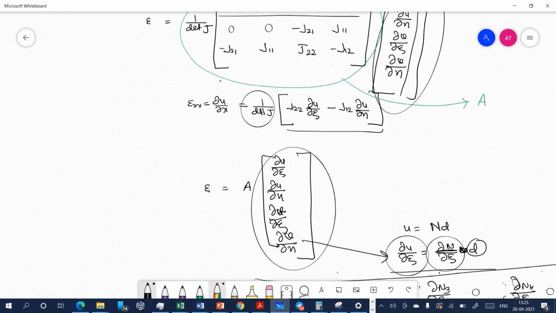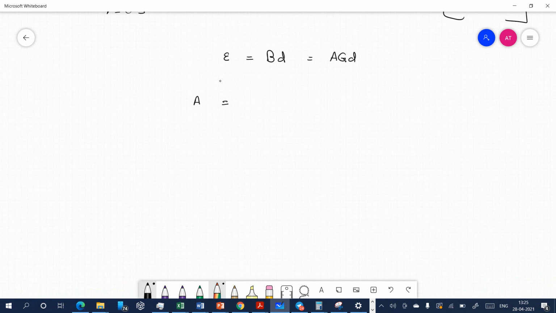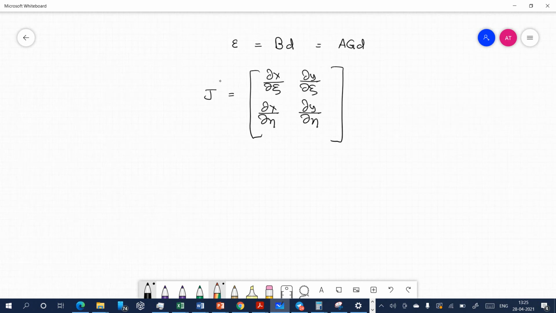So instead of going to A first, let us find out the Jacobian matrix, which is del x by del zeta, del y by del zeta, del x by del eta, del y by del eta. Okay, this is what we have to find out.